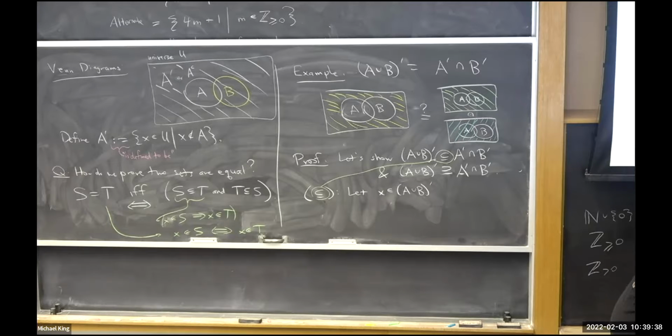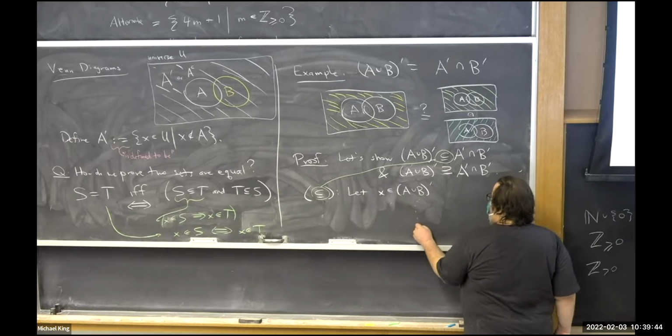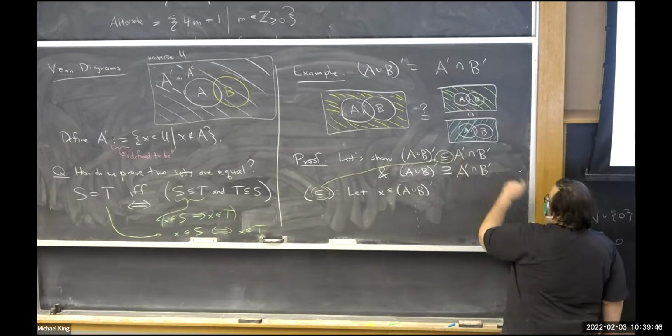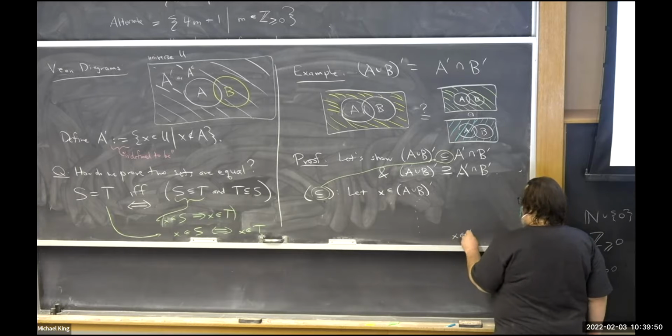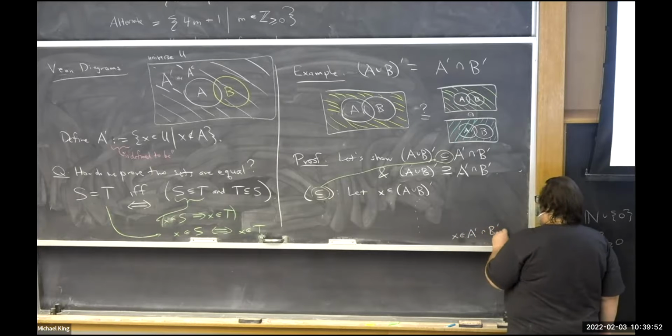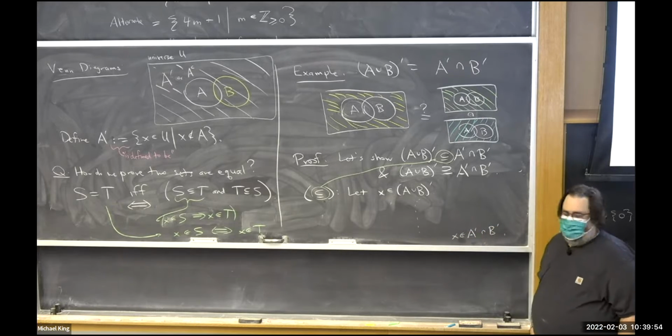So if X is in the complement of A union B, we just want to follow steps until we can get that X is in A prime intersect B prime, right? That's what we want down here at the end. But we want a bunch of logical steps to get there.